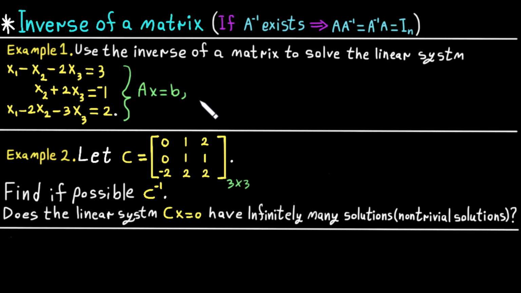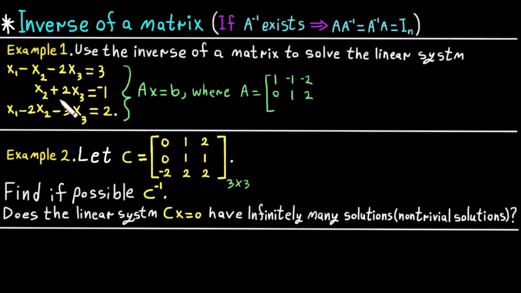So here, A equal to this matrix: 1, -1, -2, and the row here, 0, because there is nothing here, so it's like 0 multiplied by x1, so here 0, then 1, 2.